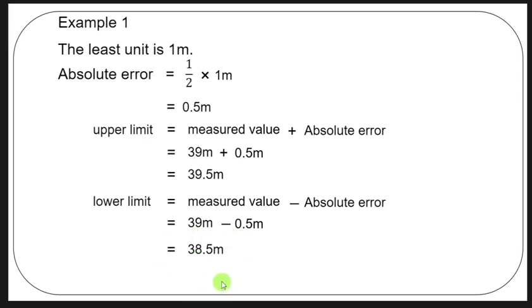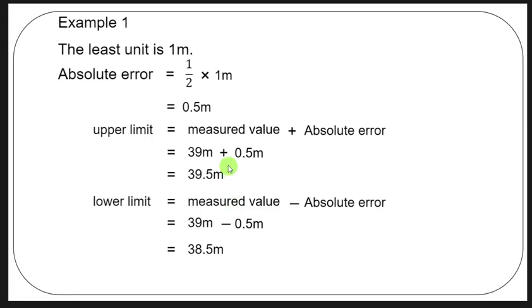So this one again is now the lower limit. So the lowest value they can be at for them to be closer to 39 meters, and this is the allowed error they're supposed to get for them to be closer to 39 meters.